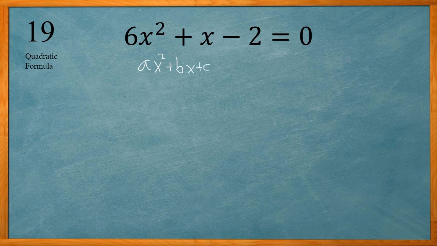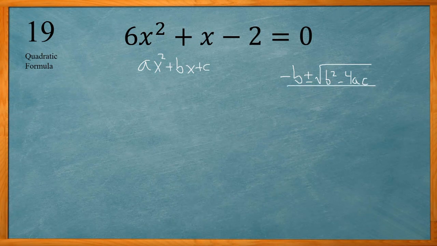Now the quadratic formula says negative b plus or minus the square root of b squared minus 4 times a times c, all divided by 2a. This is what x is going to equal.